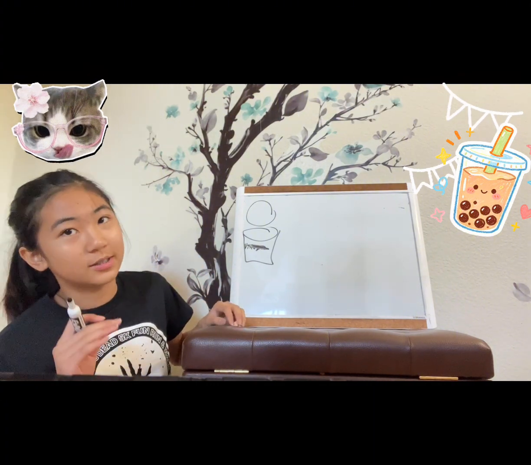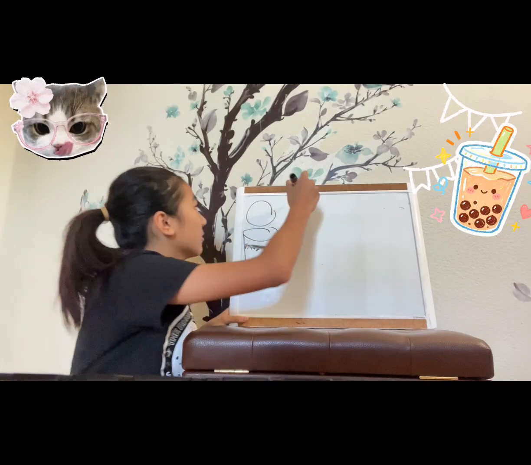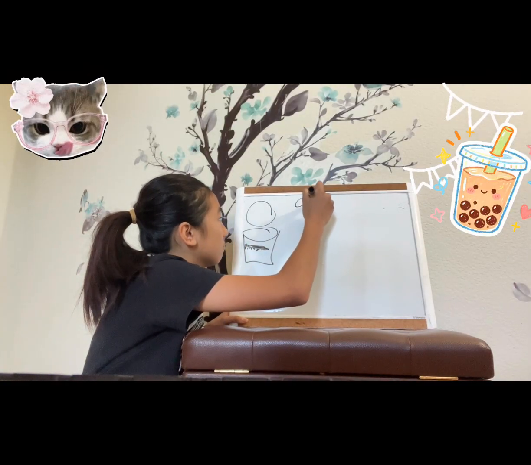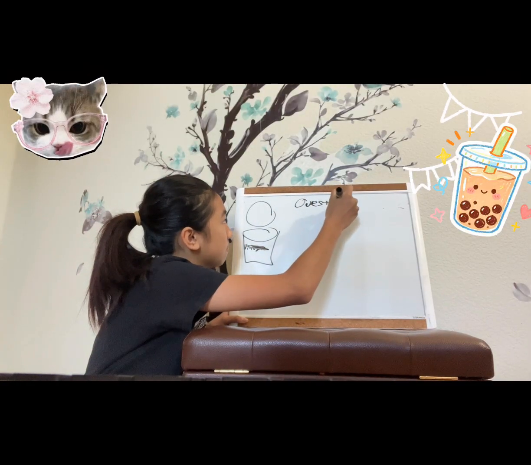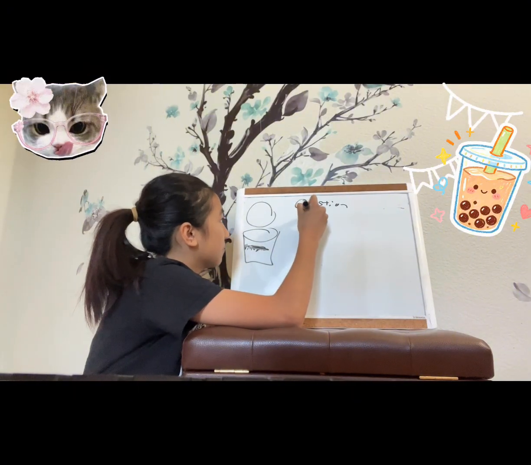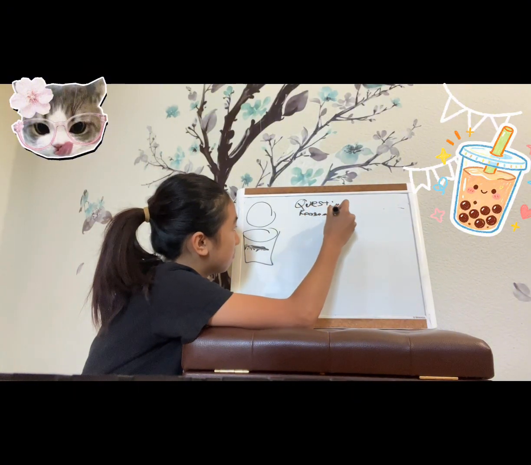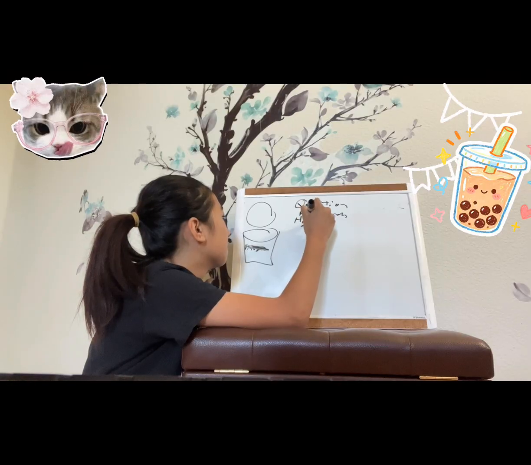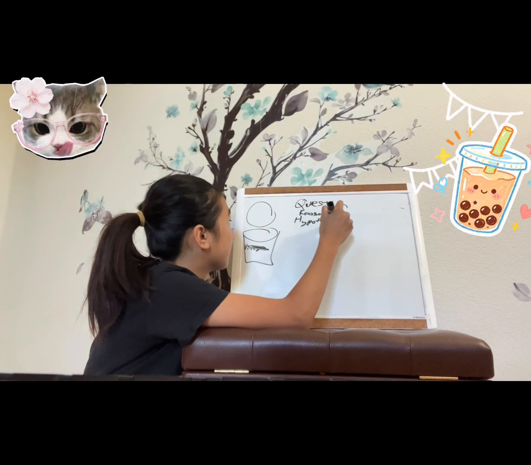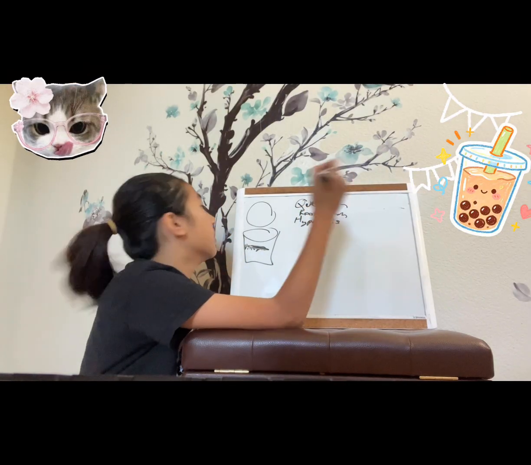An experiment consists of multiple parts. Question. Research. Hypothesis. Materials and methods.